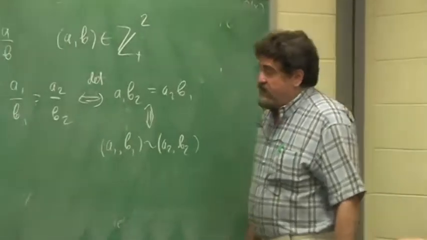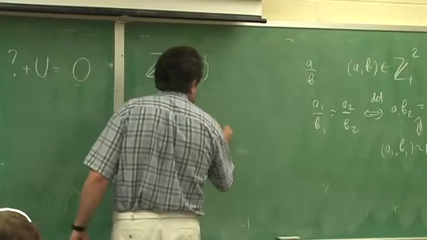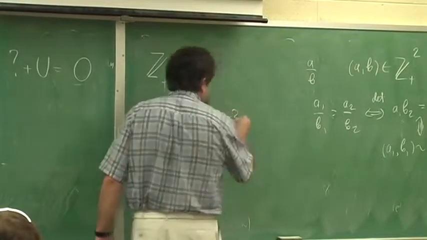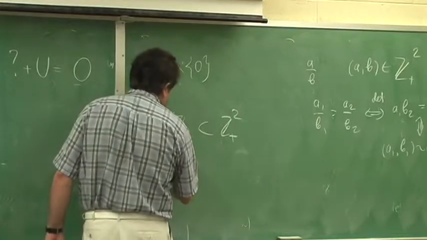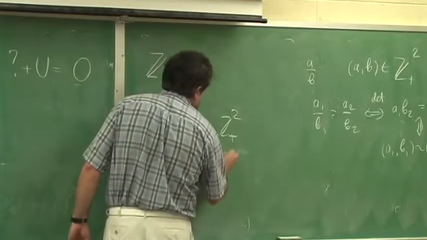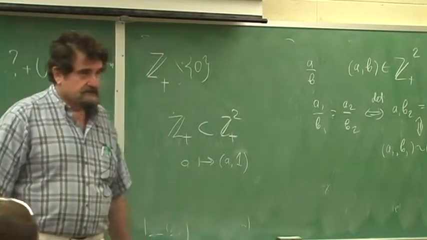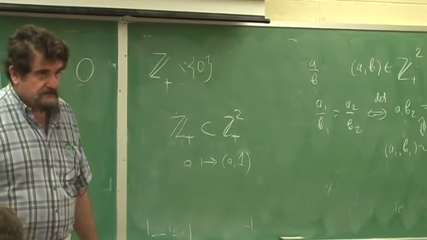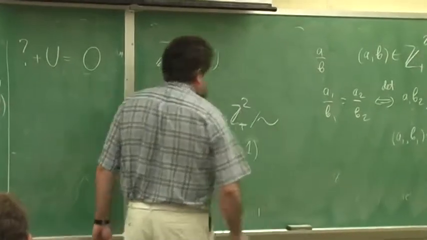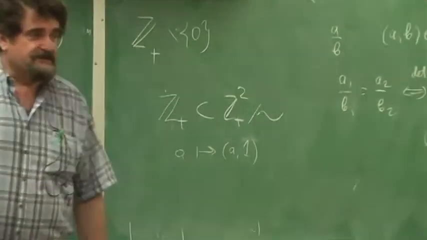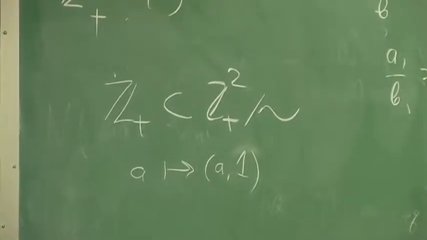Okay? And now we simply embed Z plus into Z plus squared, into this set of pairs, as follows. A goes to A over 1. I will put it modulo this equivalence relation. So I take Z plus squared, but some pairs are pronounced to be equal.